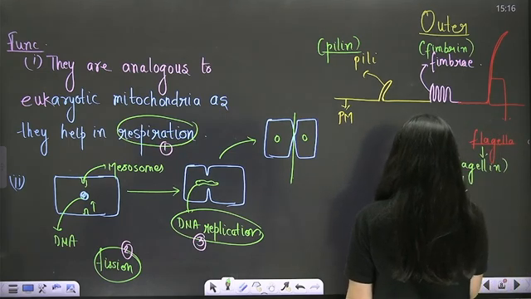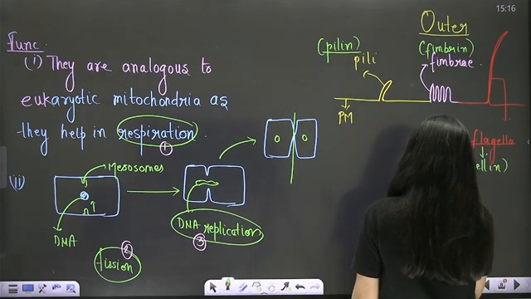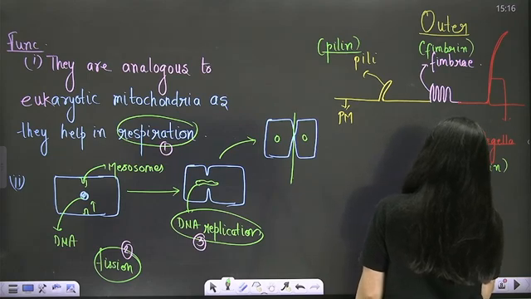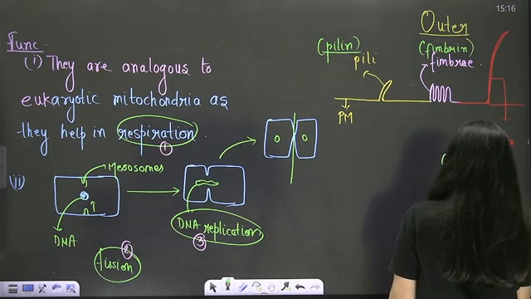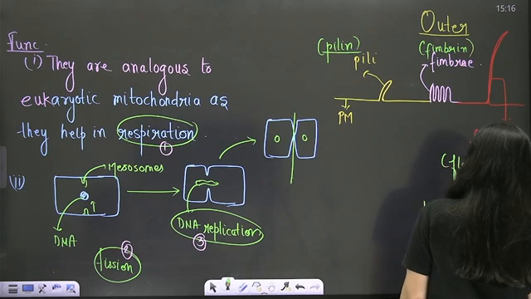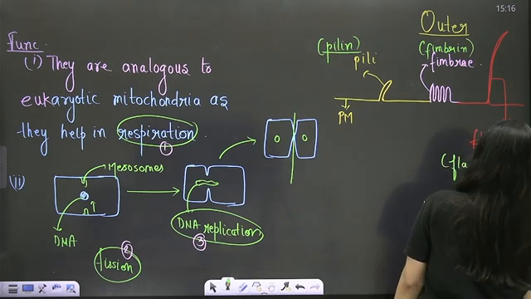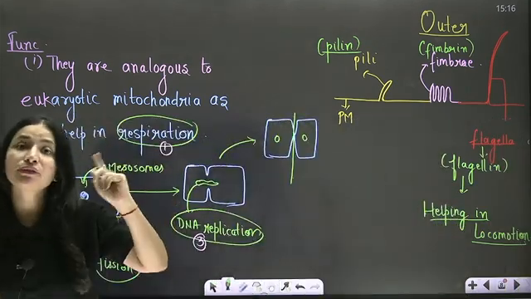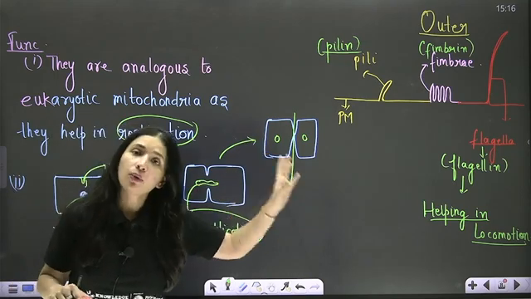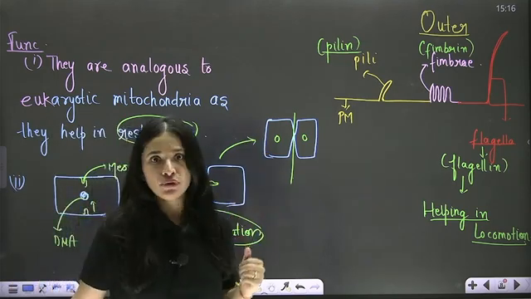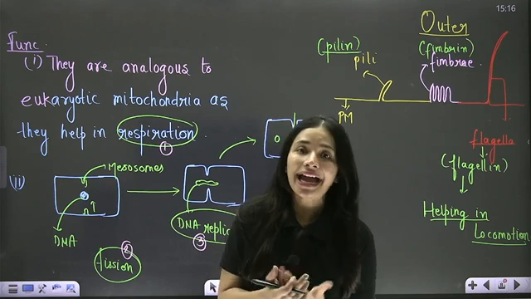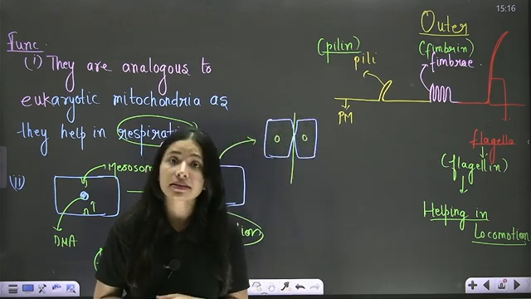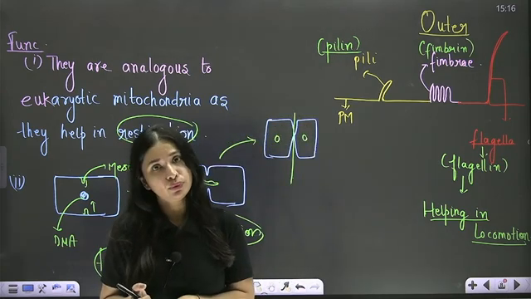The main function of flagella is helping in locomotion, right? So those bacteria who have flagella are motile, they can move. But those who lack flagella are sessile, they cannot move.